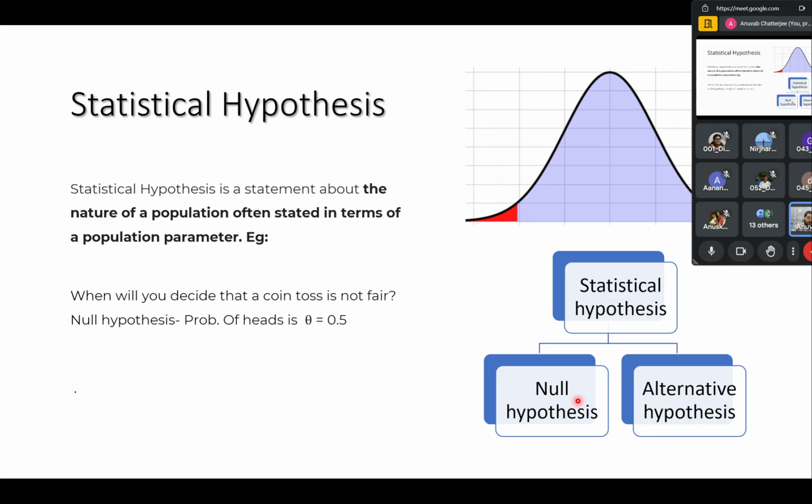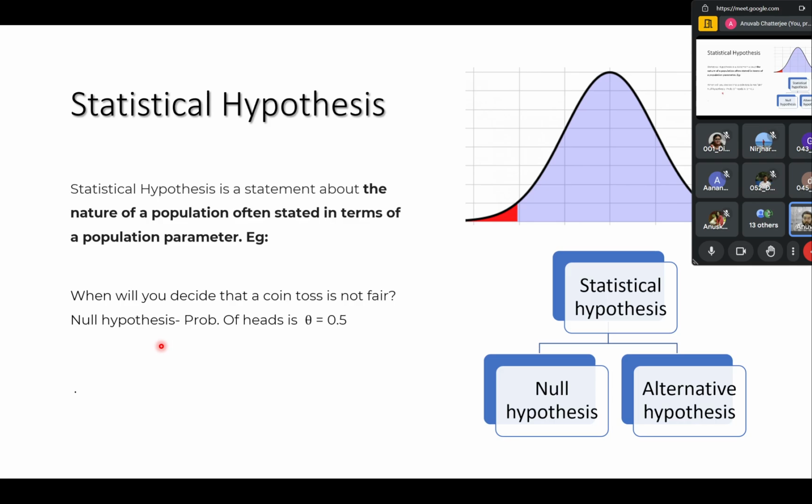How you do that is you make two hypotheses. One is called the null hypothesis that rejects your question. Say, for example, you were tossing a coin, and in a fair ideal situation the probability of heads should be 50%.